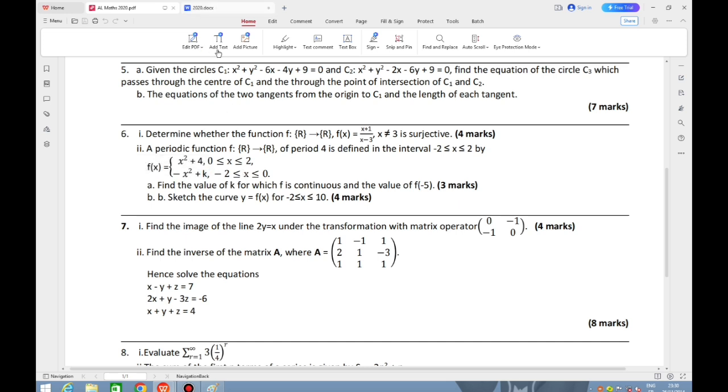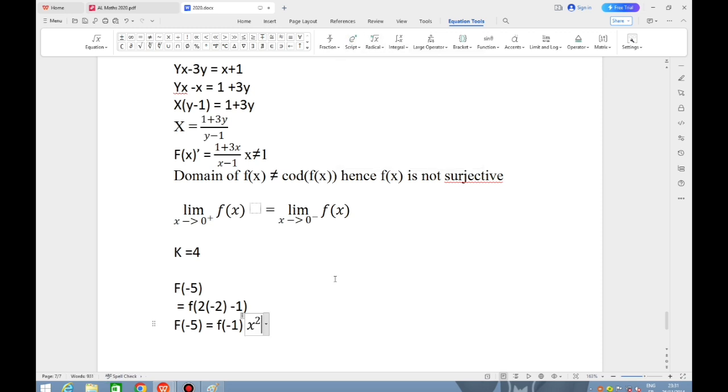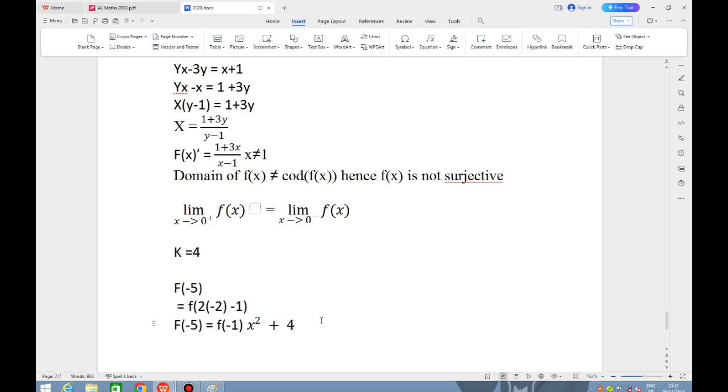So f of -5 is equal to f of -1 of negative x squared plus k, where k is 4, what we got here. And negative of negative 1 squared is negative 1, plus 4.